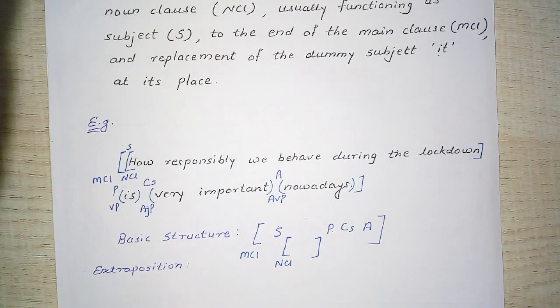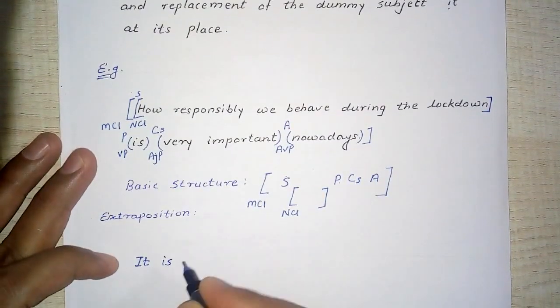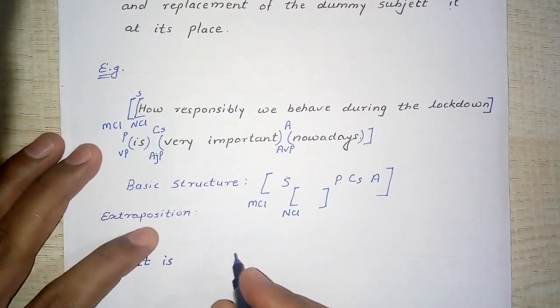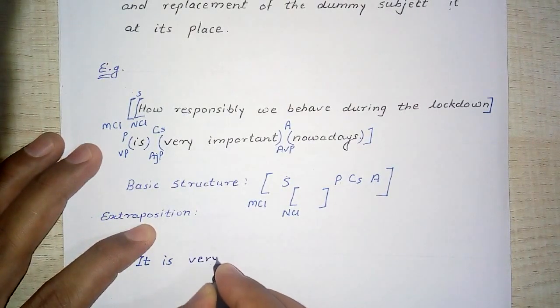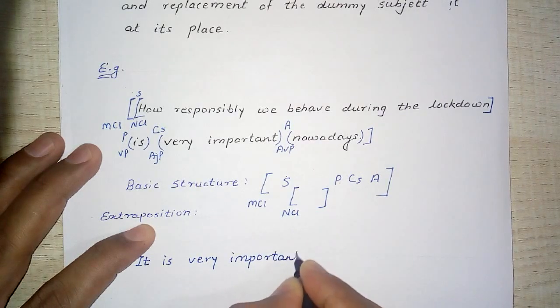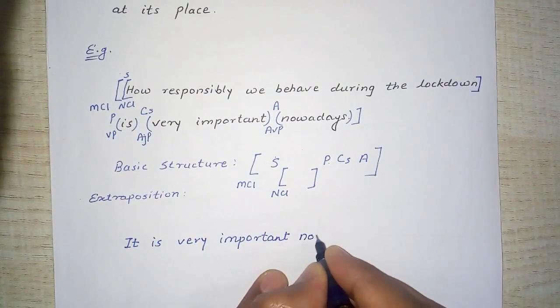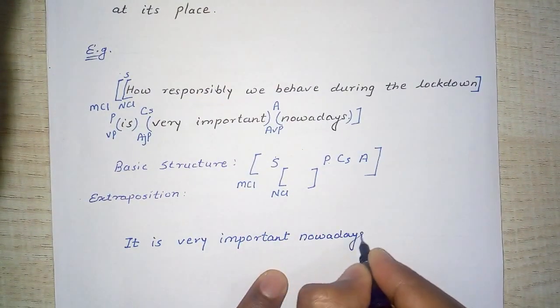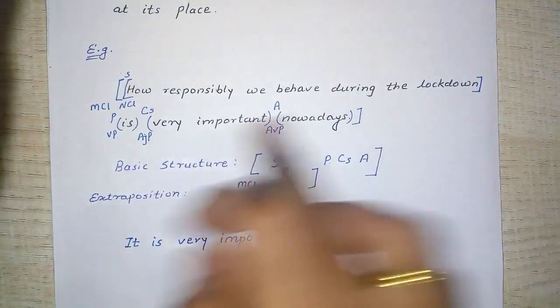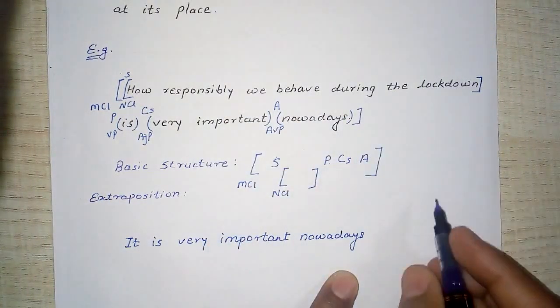Now see, it, then the predicator is, now see, it is, very important, the next element is adverbial, nowadays, and then the subject that we have shifted at the end, that is how responsibly we behave during the lockdown.